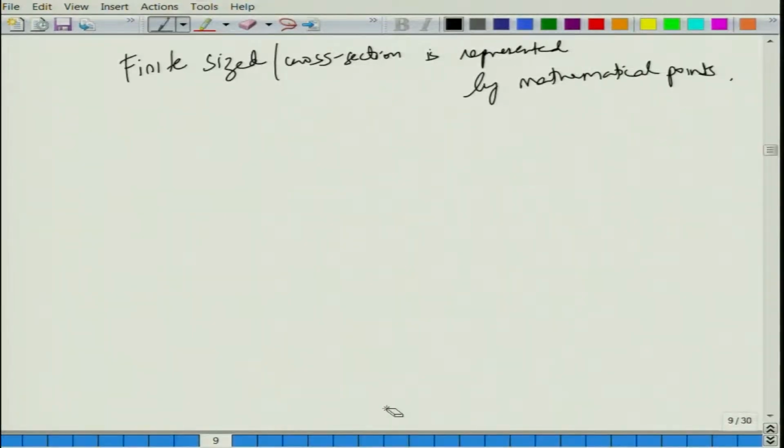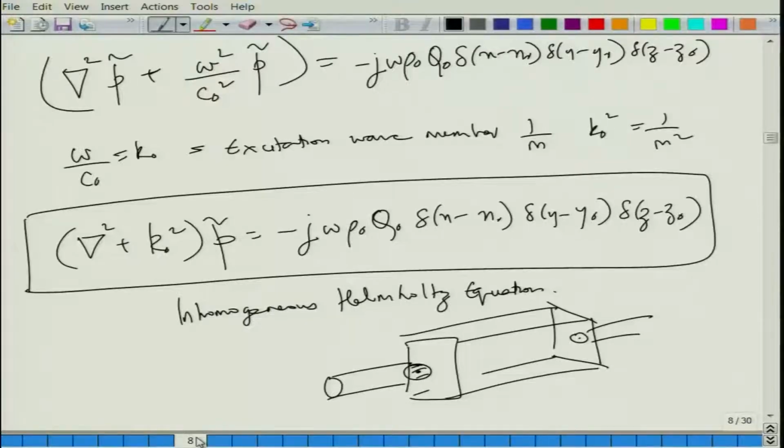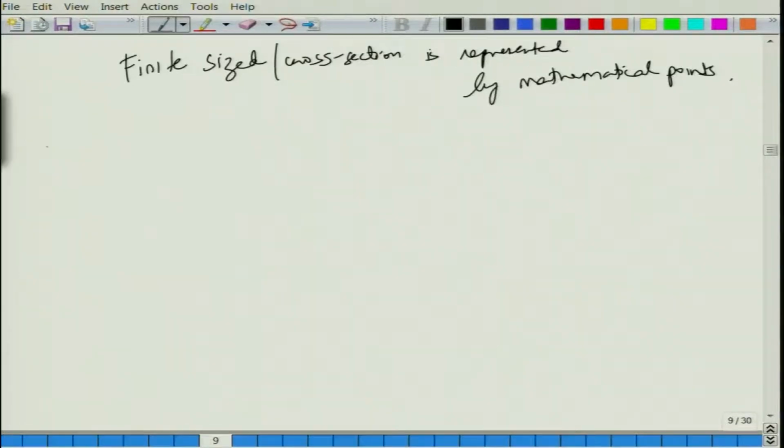Later on, to solve this, you can invoke the Kirchhoff-Helmholtz theorem, but we will probably not go into that detail now. We will just stick to this particular formulation and see how to use the solution of the homogeneous equation to solve this. Whatever solution we get for this is called the Green's function solution.